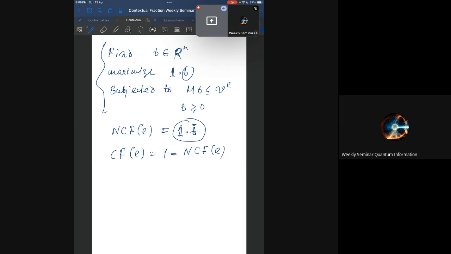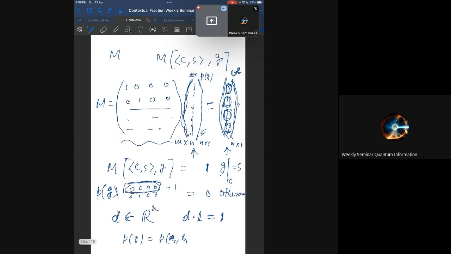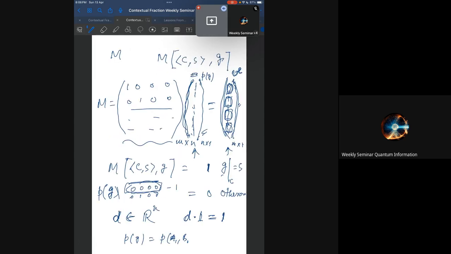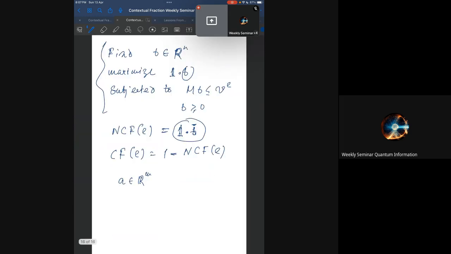It is characterized by some vector, let's say A, that is in R^m, because m is my total number of outcomes of each context, summed over all these things, right? So A is another vector in R^m.